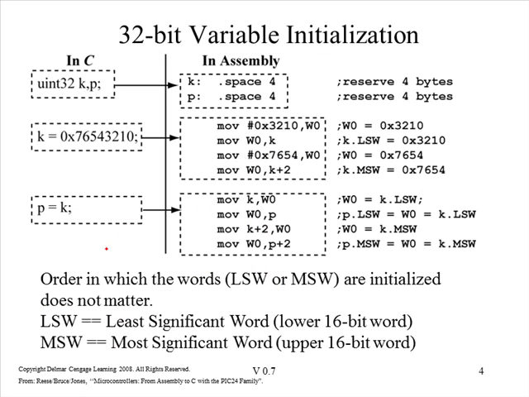Let's look at some 32-bit values in C. Here we're going to specify two 32-bit variables, K and P. We'll use the type uint32. So in MPLAB, we have to declare K as being .4. This is going to take 4 bytes. P will also be declared as .4.